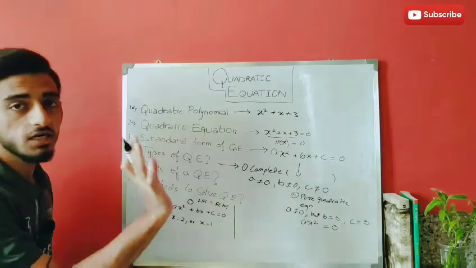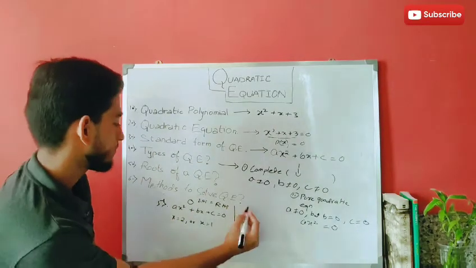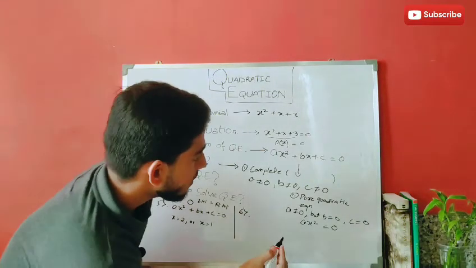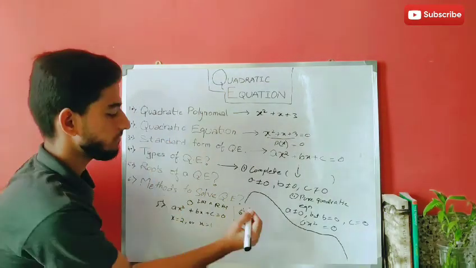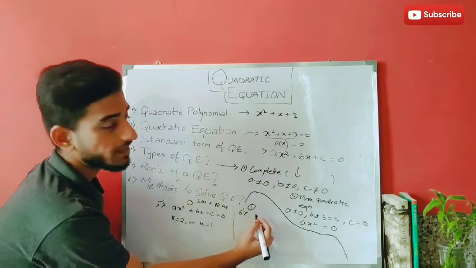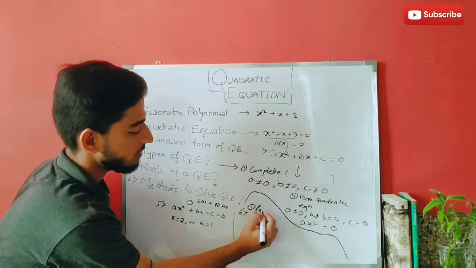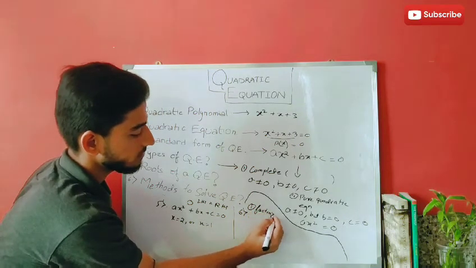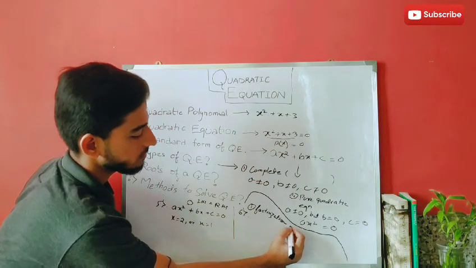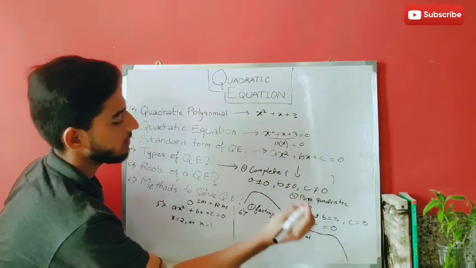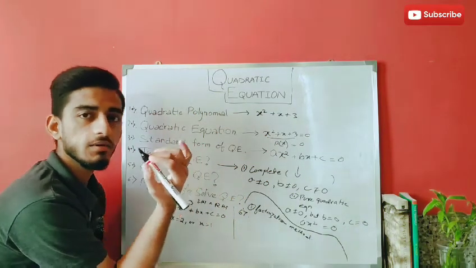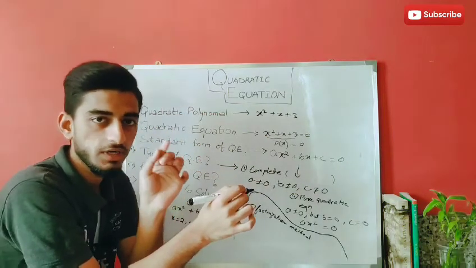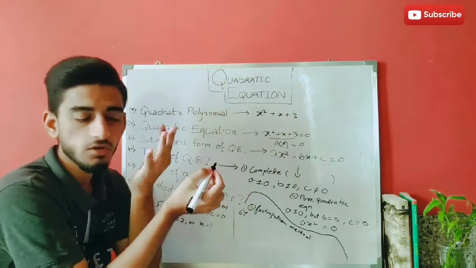Then come to the last point, methods to solve a quadratic equation. What are the methods to solve a quadratic equation? First take the factorization method. You can remember only 3 methods are there: factorization, completing the square, and the last is your quadratic formula.